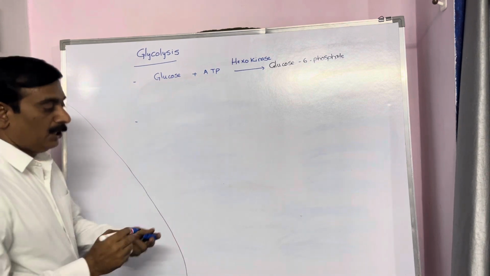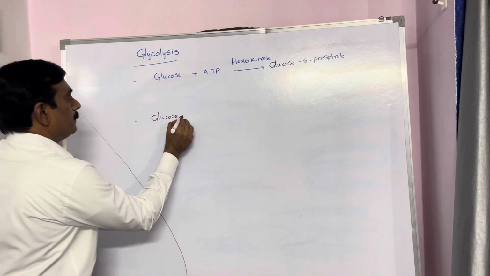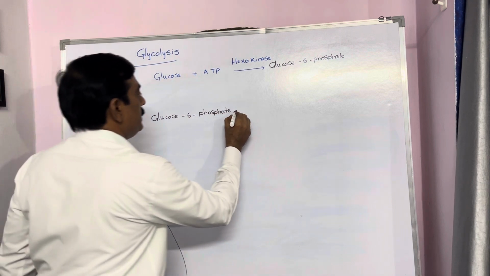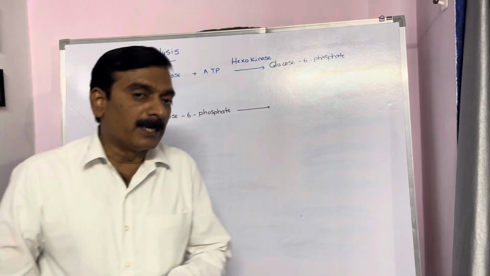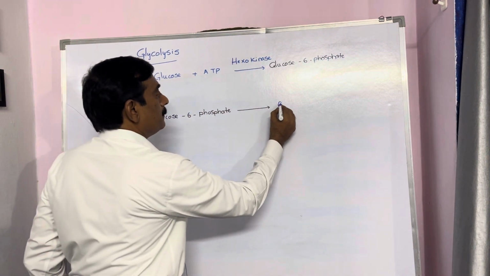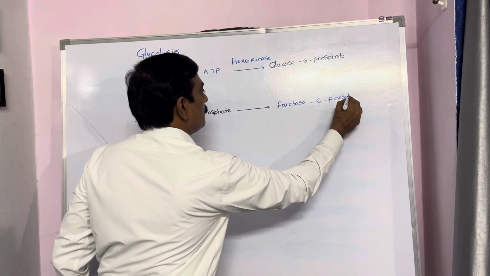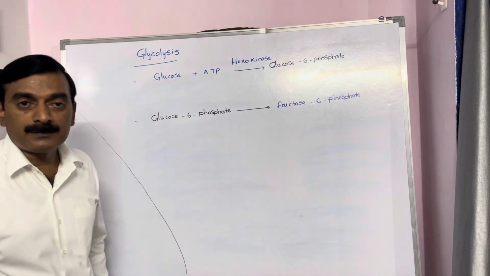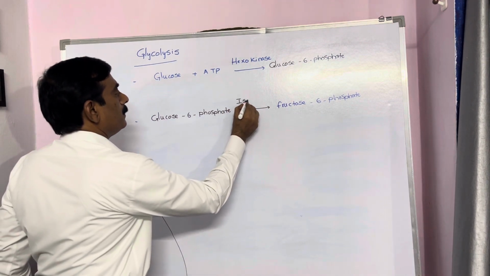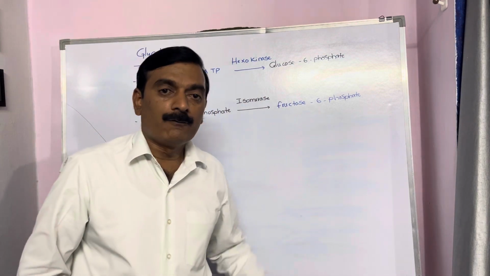The second biochemical reaction: glucose 6-phosphate is converted into its isomer, fructose 6-phosphate, in the presence of the phosphoisomerase enzyme.